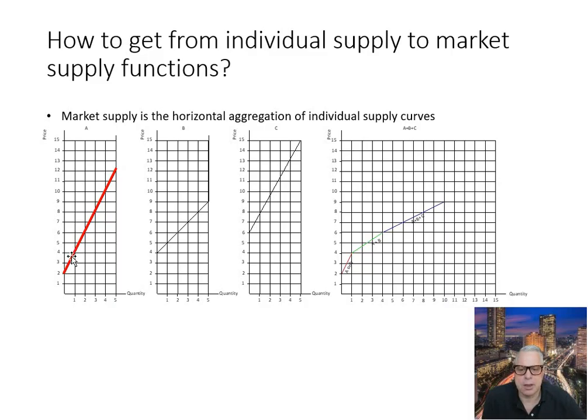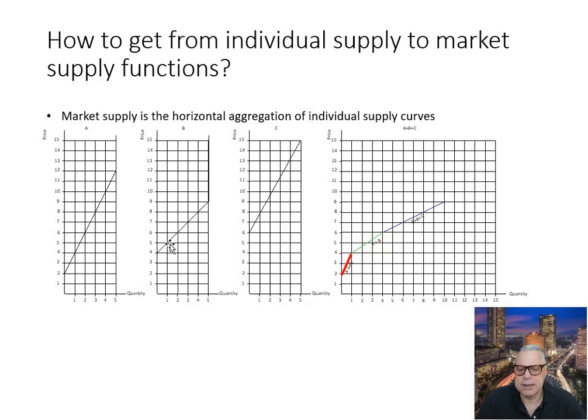And no other producer can supply between a price of 2 and 4 other than A. So that means between a price of 2 and 4, the aggregate supply function consists only of producer A.